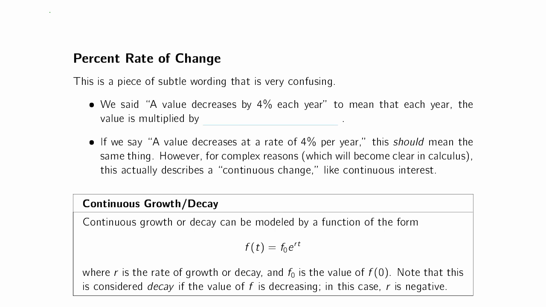There is one subtle piece of wording that we need to talk about now that we're in possession of Euler's number that is unnecessarily confusing.